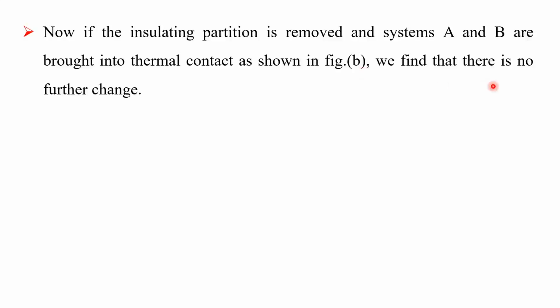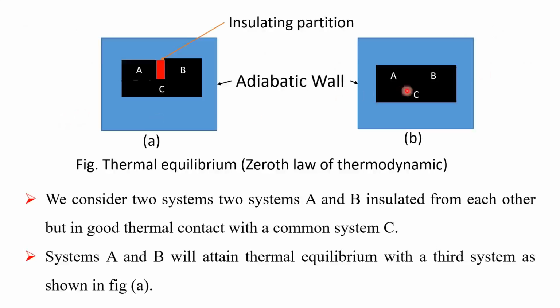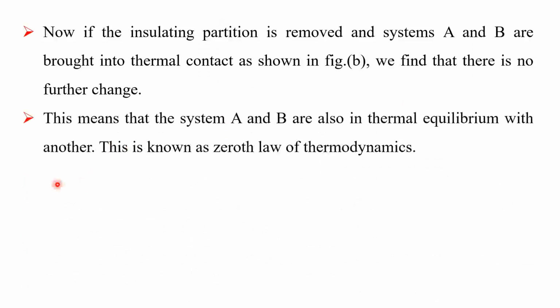we find that there is no further change. The figure shows that the insulating portions are removed, and systems A, B and C are in thermal contact, in thermal equilibrium. This means that systems A and B are also in thermal equilibrium with each other.